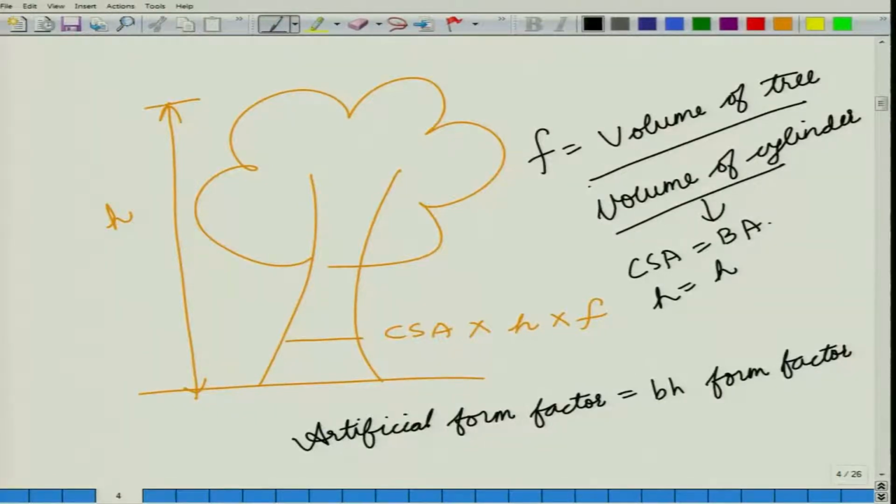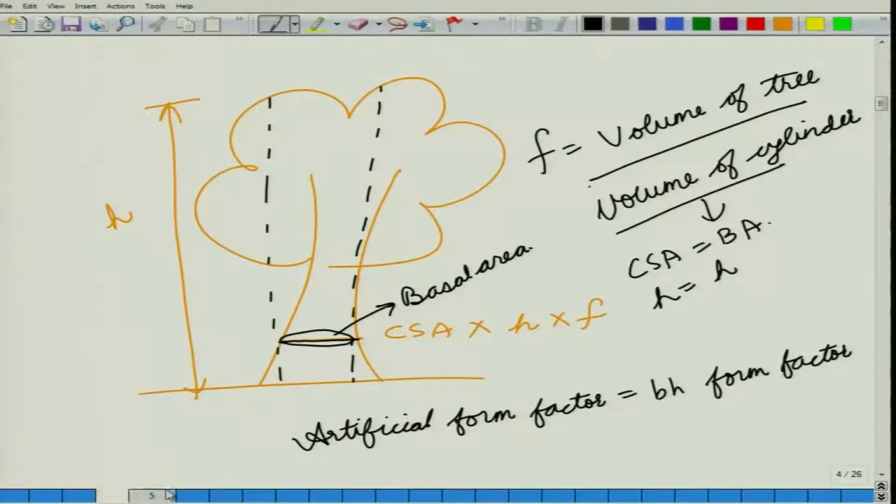So in that case, when we are taking this cross sectional area and we draw a cylinder, the height of the cylinder is the same as the height of the tree, and the cross sectional area of the cylinder is the same as the cross section of the tree at the breast height, which will also be equal to the basal area.